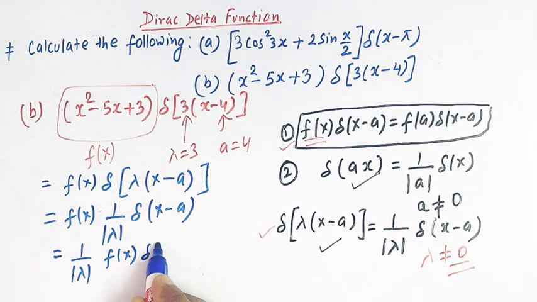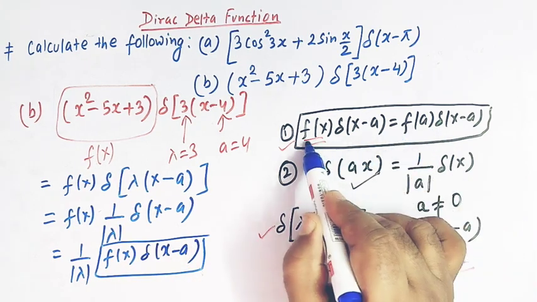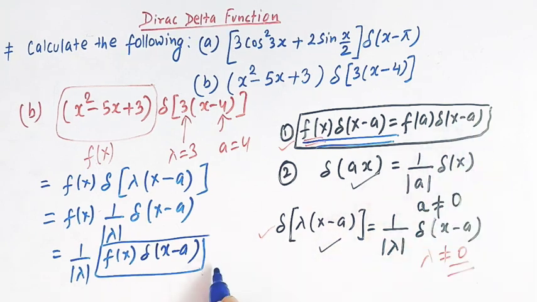And f of x delta of x minus a can be replaced by f of a delta of x minus a.